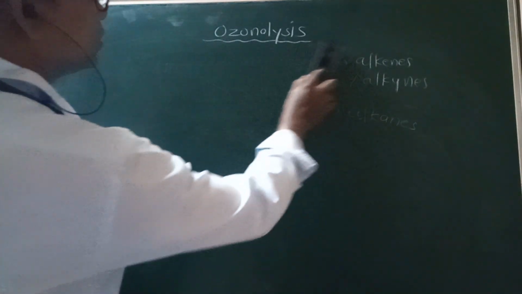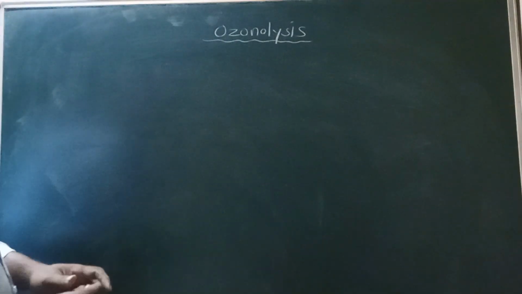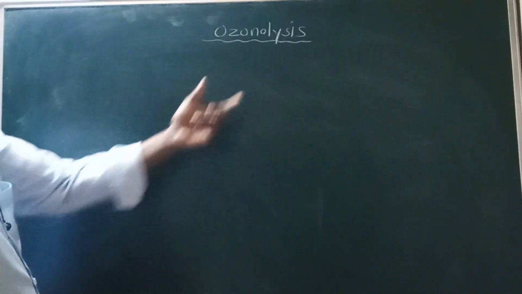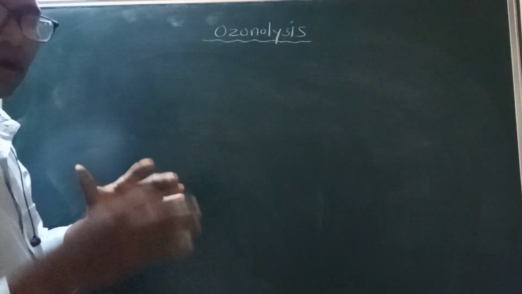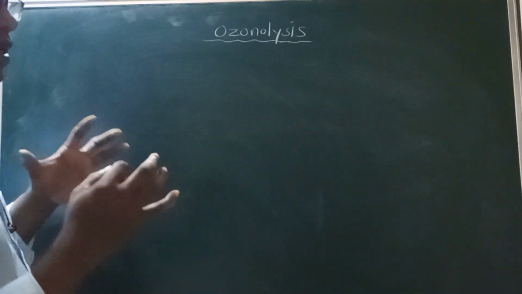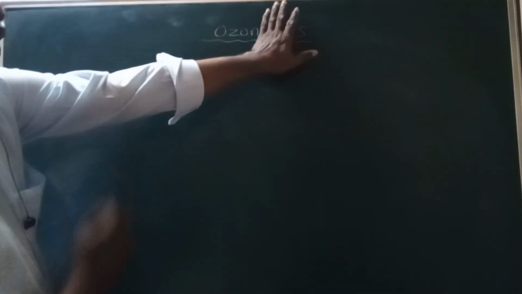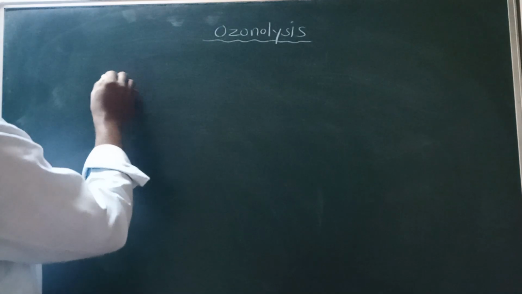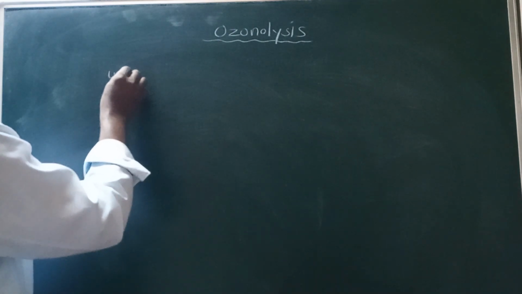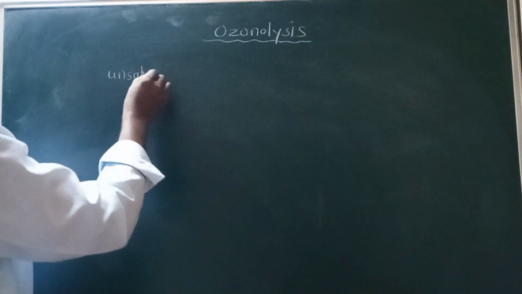So let us see what ozonolysis is. As the name itself indicates, it is breaking, because lysis means breaking or cleavage, that is, rupture. So breaking with the help of ozone becomes ozonolysis. Our reactants are unsaturated hydrocarbons.